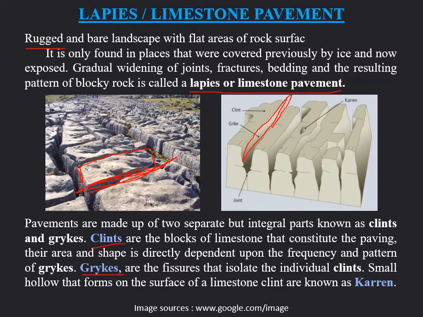So basically, the lapis or limestone pavements is a resultant structure of the combination of some grikes and clints. Grikes are the fissures or fractures, and clints are the blocks of the limestone.